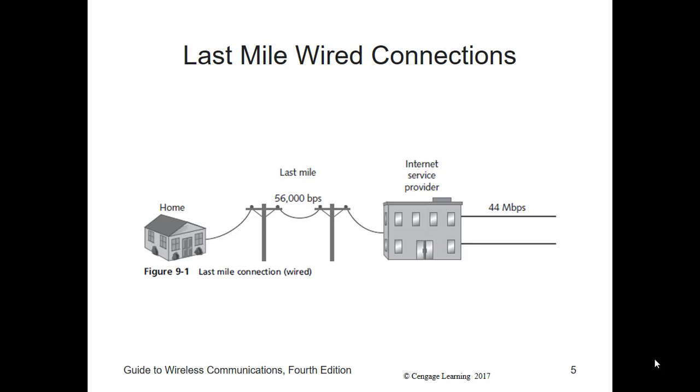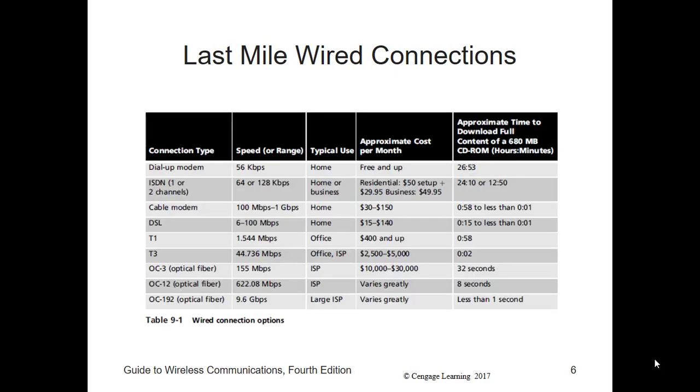And they're typically quite expensive to lease a line, costing several $1,000s per mile per month. Here you can see some of the traditional and historical connection options and speeds for homes, office buildings, and internet service providers to provide an idea of what we're going to be looking at for the remainder of this chapter.